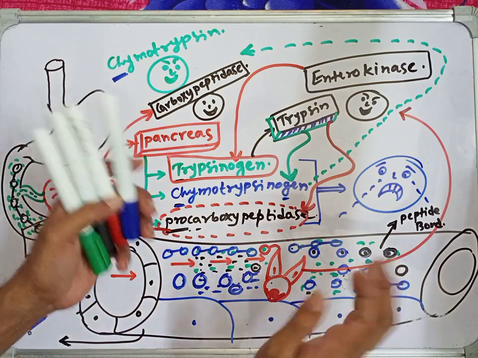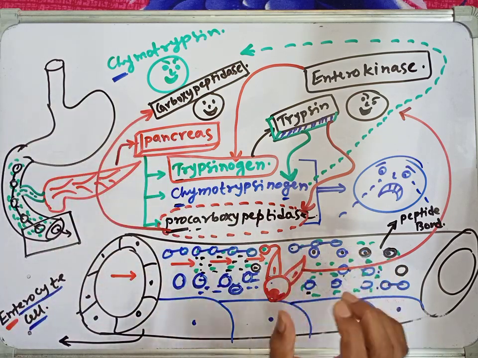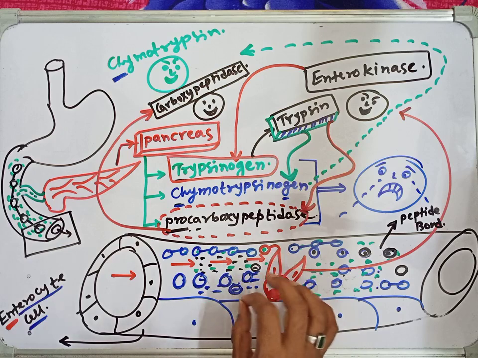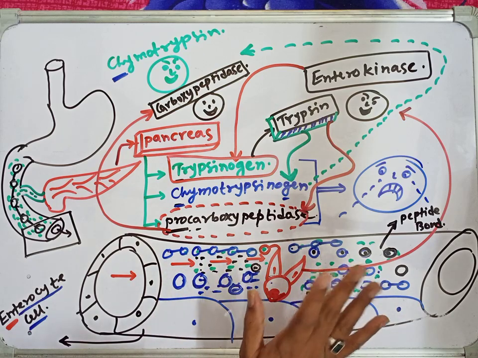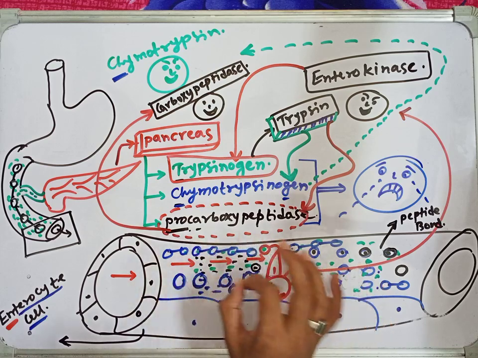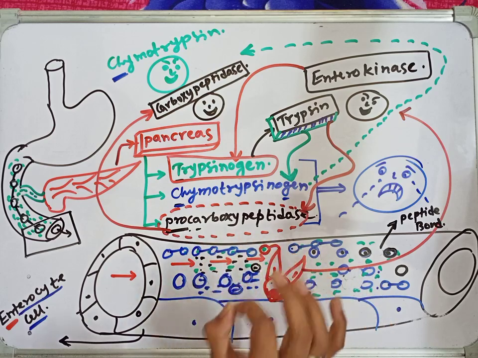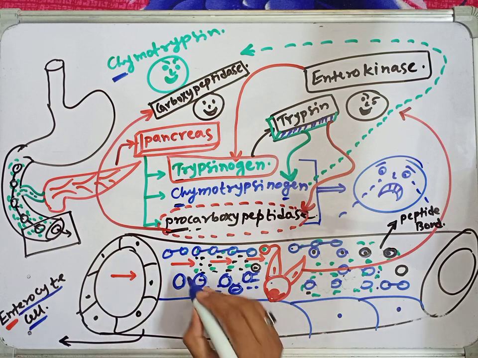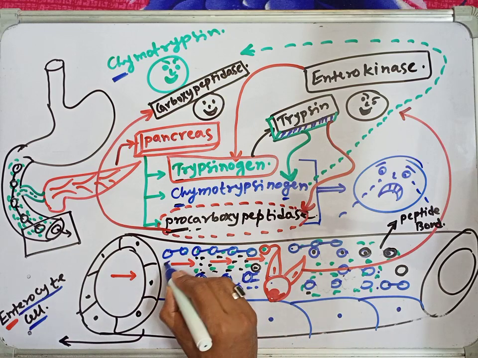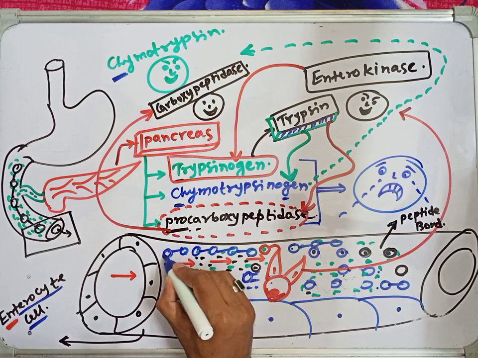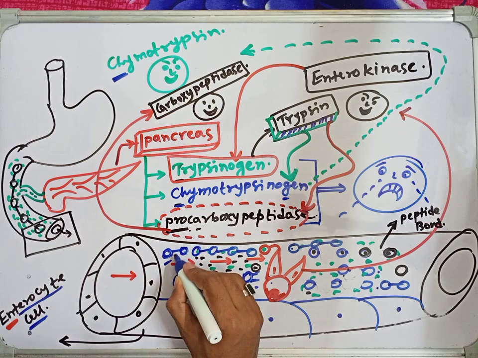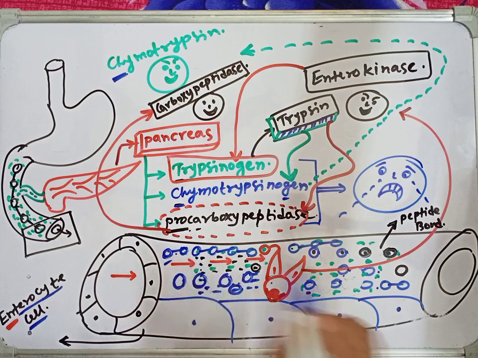And my dear, one more piece of information: till now, protein digestion is not complete yet, right? You can see there is also some dipeptide, that means made up of two amino acids, and in between these two amino acids there is one peptide bond.